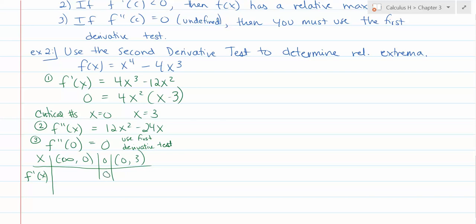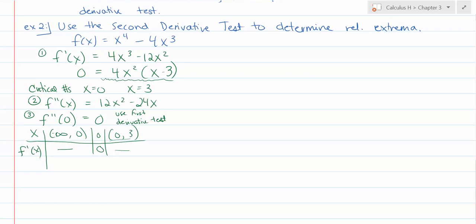So now I have a 0 there. If I go back to my first derivative, I can see that if I plugged in, let's say, negative 1, I'm going to get a negative out. If I plugged in, say maybe 2 between 0 and 3, I'm still going to get a negative out. So there's still no change in sign, so there's no relative extrema.